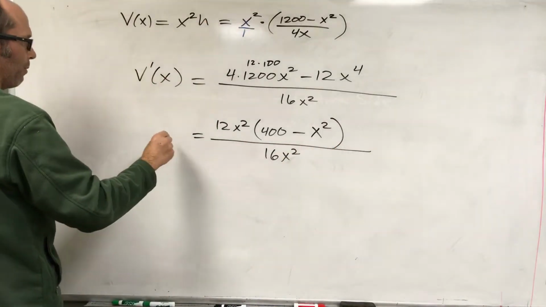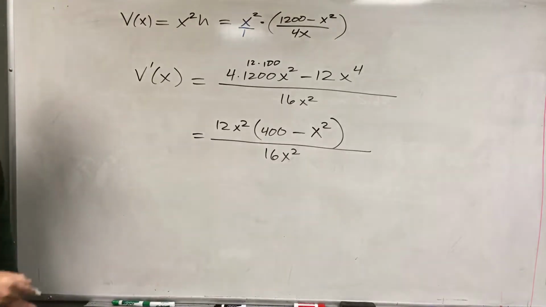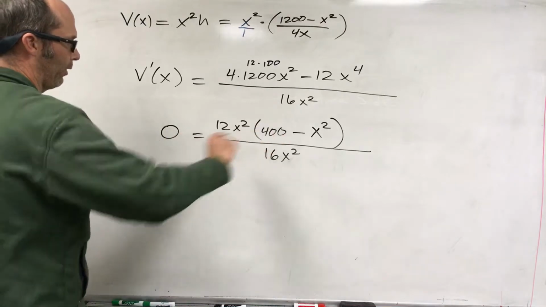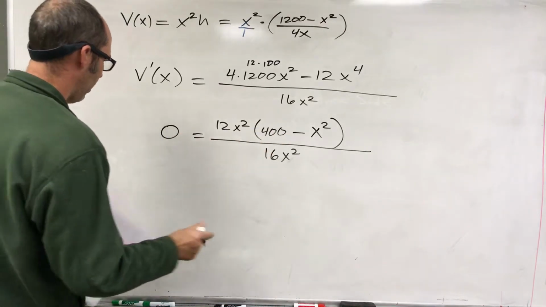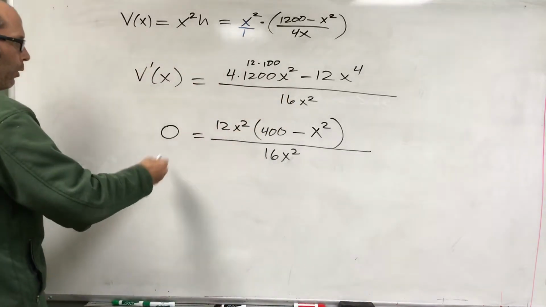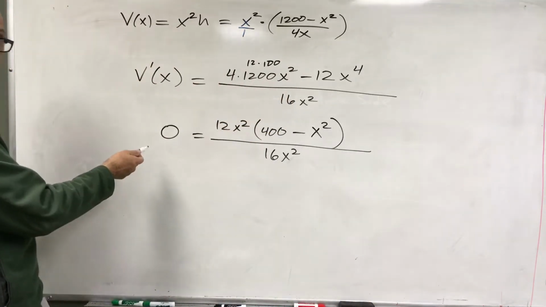So that's my v prime. V prime is equal to that. I set it equal to 0 and solve for x. So we have a fraction equal to 0.